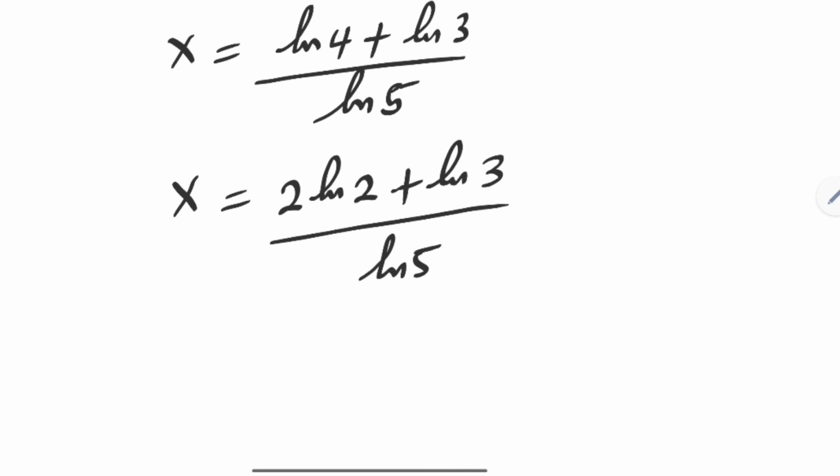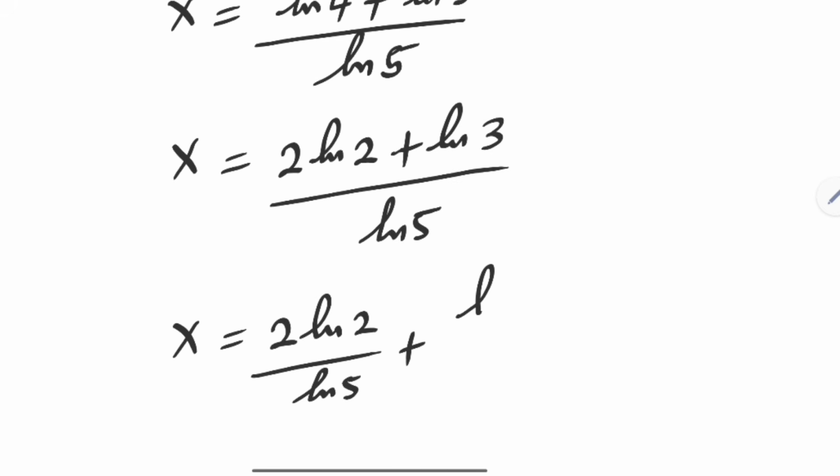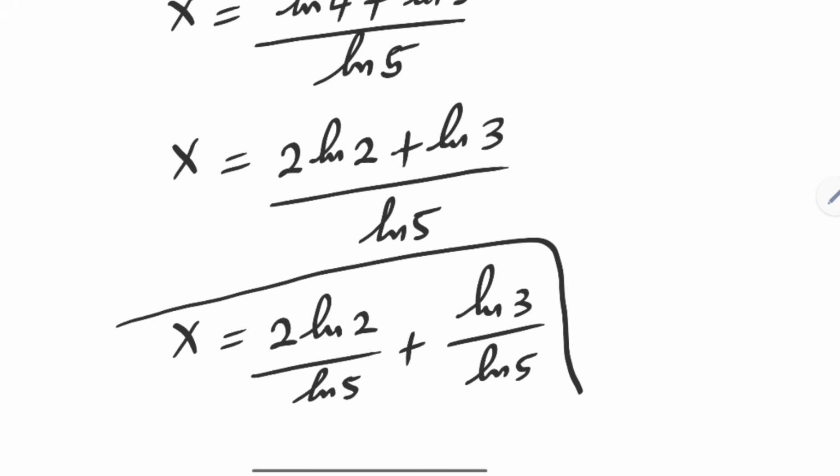And if you split this, x is equal to 2 ln of 2 over ln of 5 plus ln of 3 over ln of 5. This is the final answer in natural logarithm form.